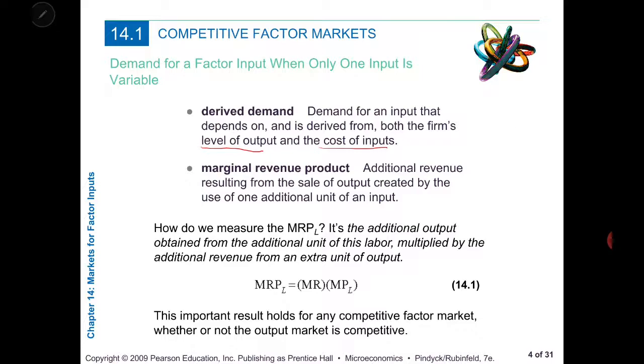Demand for labor depends on demand for the output of that factory, for instance if the output is telephones, and the cost of the labor itself. So this is quantity and the cost of input. If this is labor, then it will be wages.